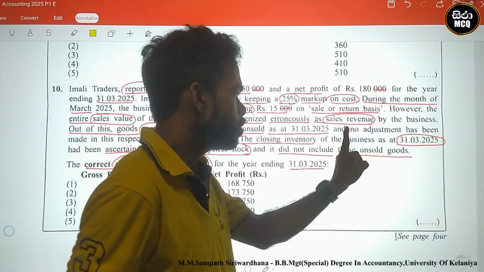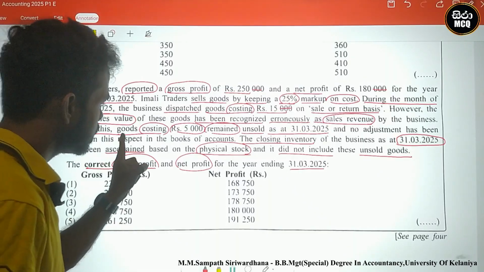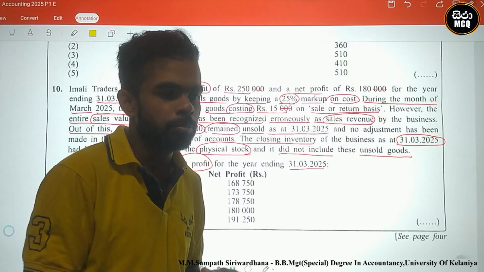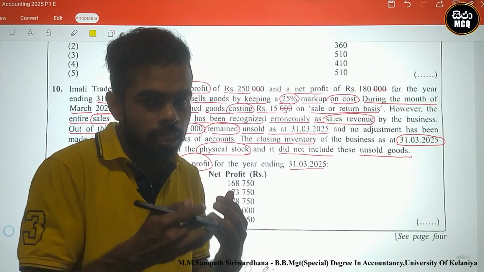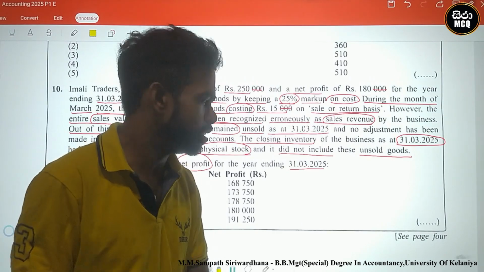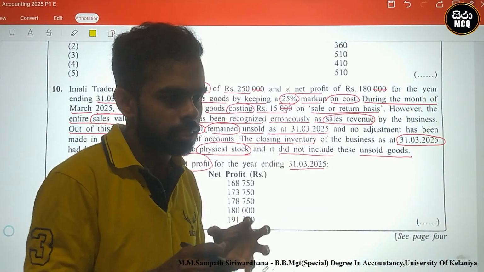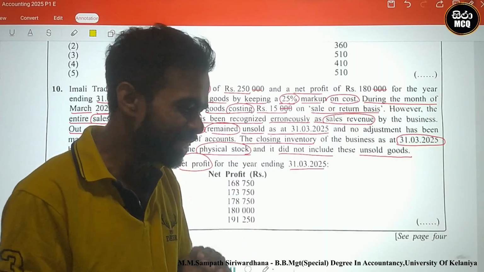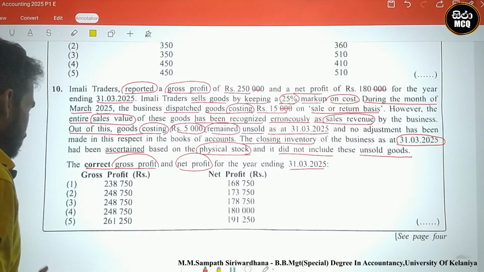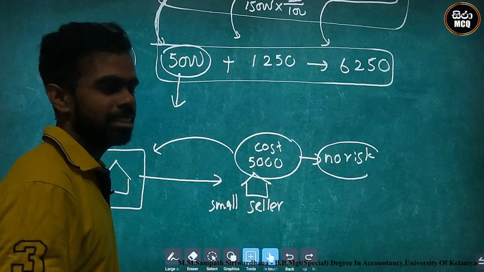The closing inventory as at 31st March 2025 was ascertained based on physical stock, meaning stock counted in our business, and physical stock did not include these unsold goods held by the small seller.